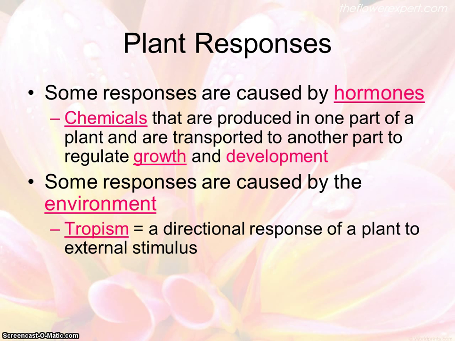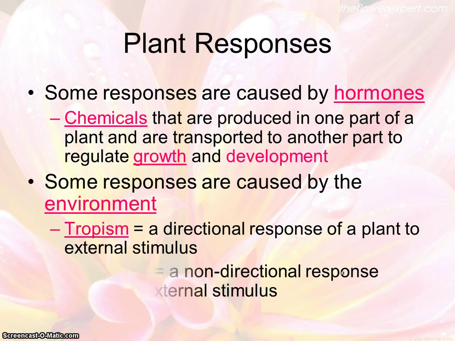What we call these responses to an external stimulus, to something that is caused through the environment, is a tropism. So these tropisms are different reactions that a plant goes through in response to some type of external stimulus.